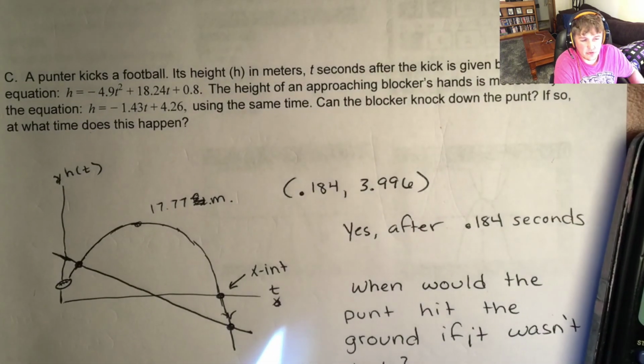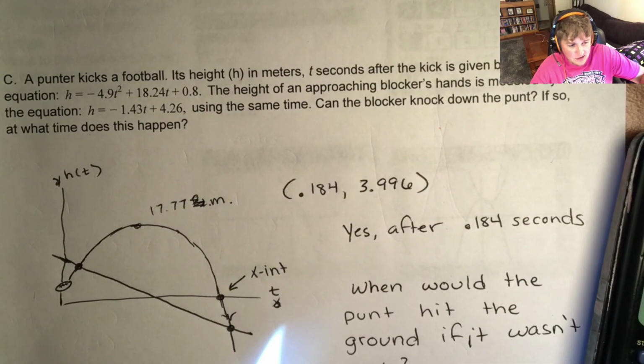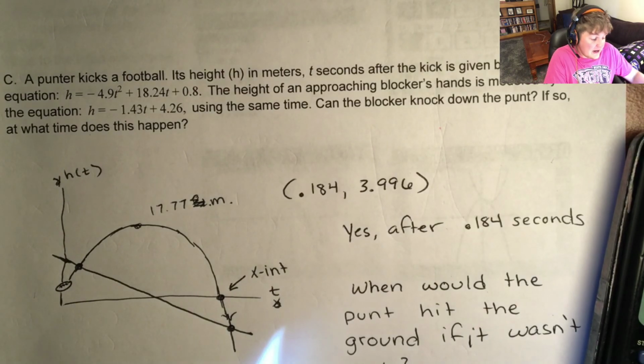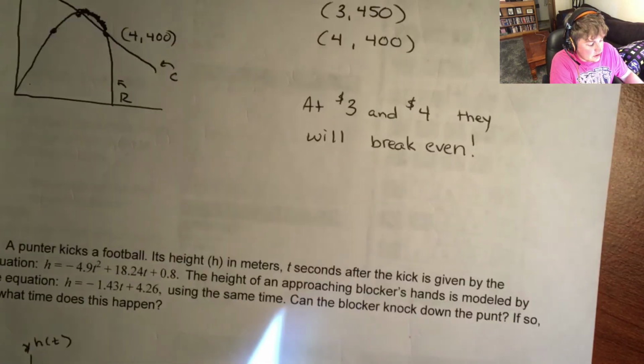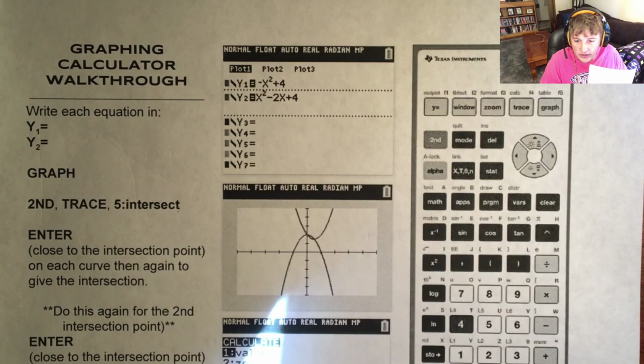Okay, and I know that those questions weren't asked in this, but I think it's a good helping hand just to get a little bit of extra thought about parabolas and where the different contexts of the options on our calculator can go from. Okay, just like I did in the previous section, I took a screenshot of the calculator and I gave you a walkthrough of how to do all the important stuff.